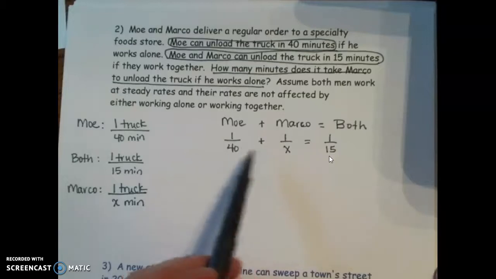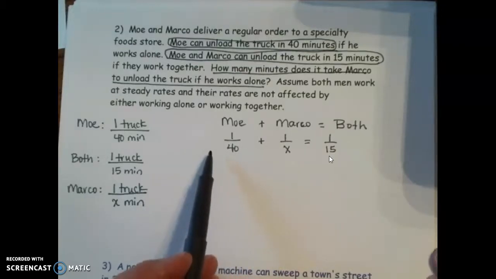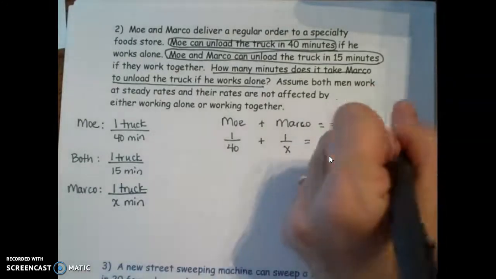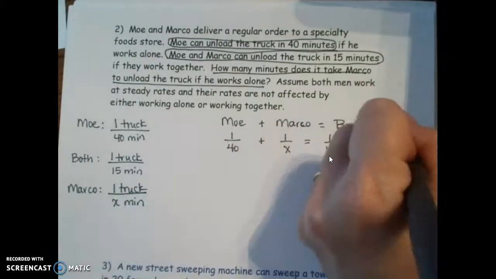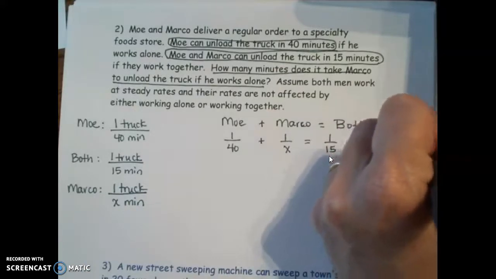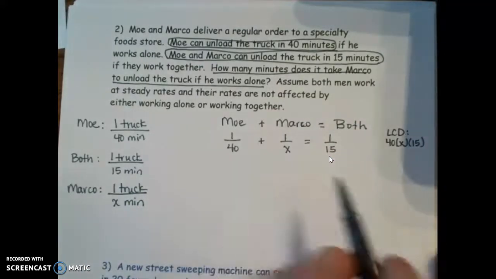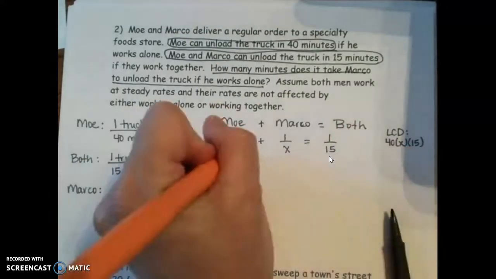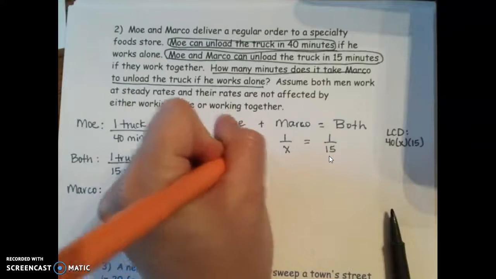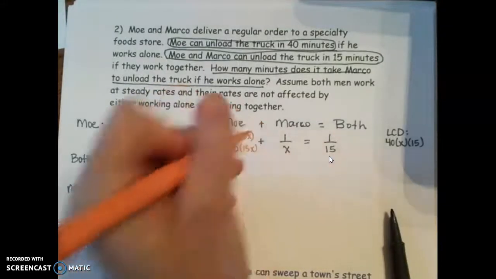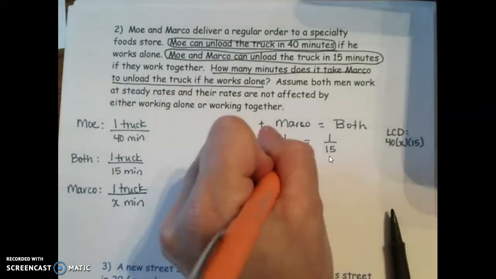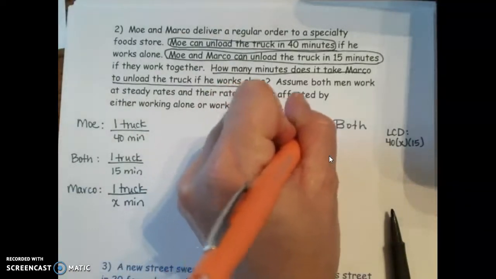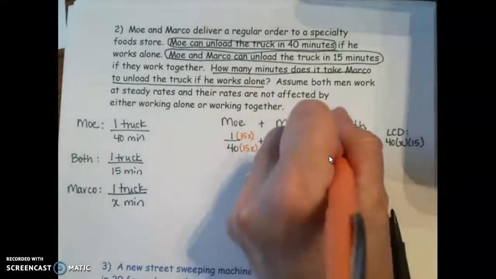Now if you think about getting our least common denominator, like we were before, we would have a 40, an x, and a 15. So for this denominator, we need an x and a 15, so I'm going to write that as 15x. Here, we need 40 times 15. And here we would need 40x.